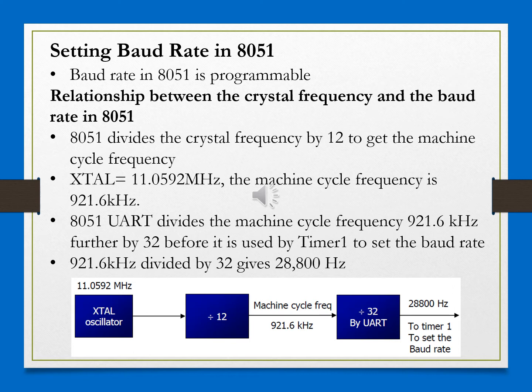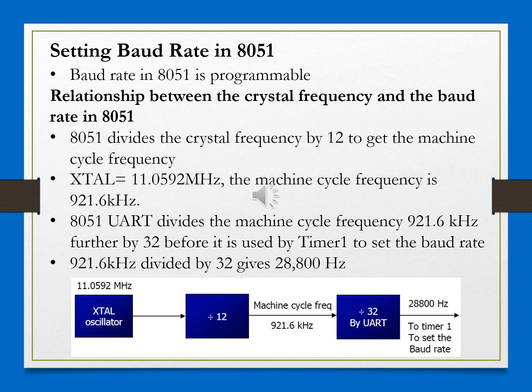The number of clock pulses here will be loaded onto timer 1. When we use timer 1, we have to program it in such a way that it operates in mode 2.